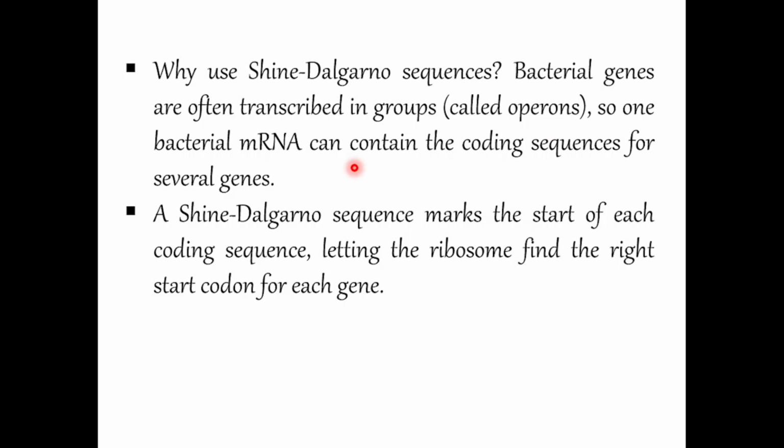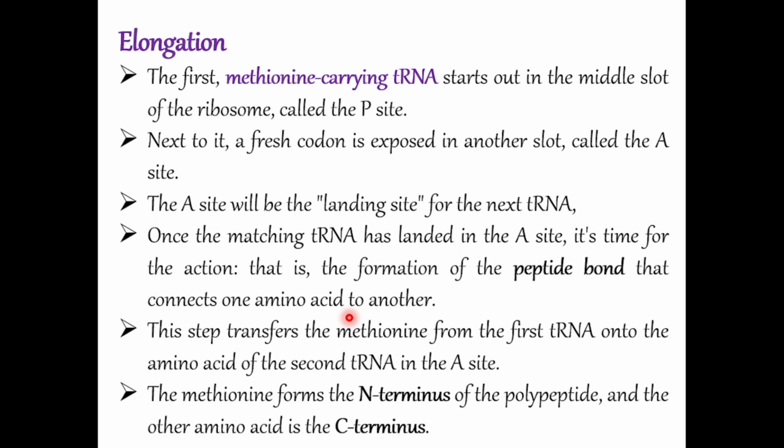So one bacterial messenger RNA can contain coding sequences for several genes. No such issue in eukaryotes. Therefore, the Shine-Dalgarno sequence marks the start of each coding sequence, letting the ribosome find the right start codon for each gene. That is how it is started.